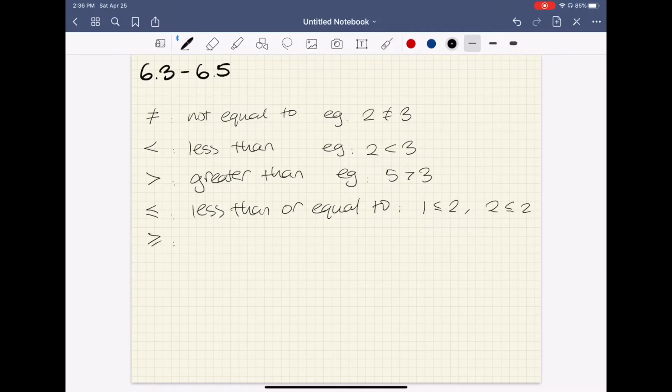Greater than or equal to. 5 is greater or equal to 3, and 3 is also greater or equal to 3. Okay, and these 5 are the basics of linear inequality. You guys will need to get familiarized with these 5 signs first before you can do linear inequalities.